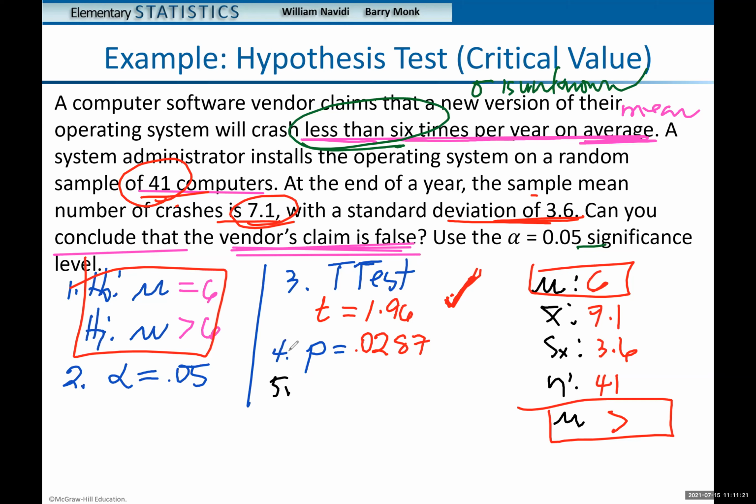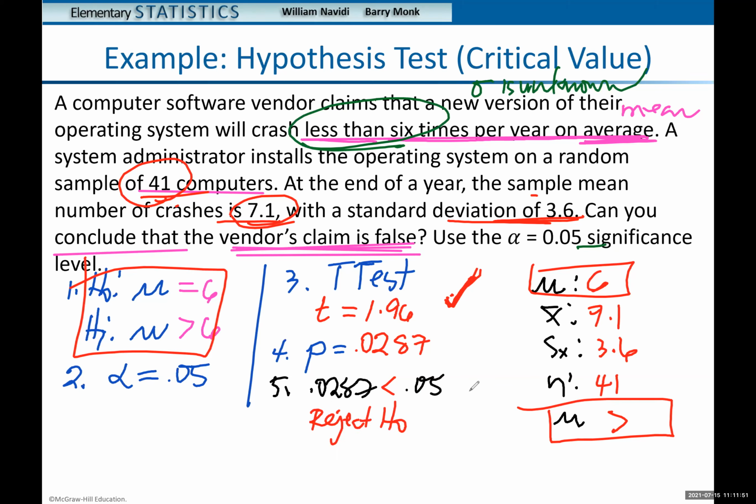Before you write the conclusion, you base it on the decision. To write the decision, you compare your p and your alpha. So 0.0287 and 0.05. Is it less than or greater than? Less than. And if it's less than, what is the decision? Reject H0.